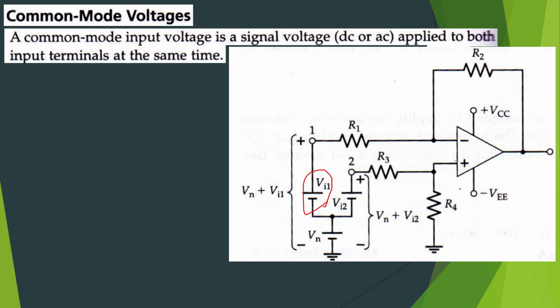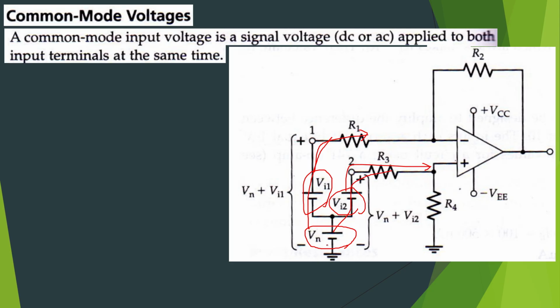VA1 is one input, VA2 is another input, and common to both we have this common input, which goes to both the inputs.